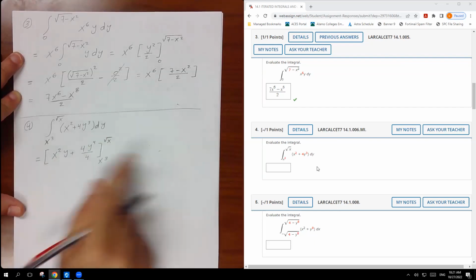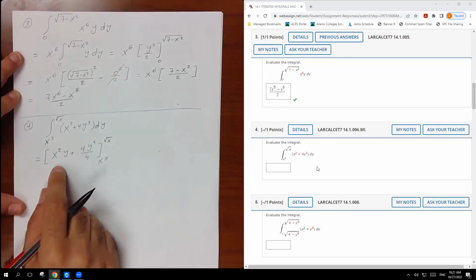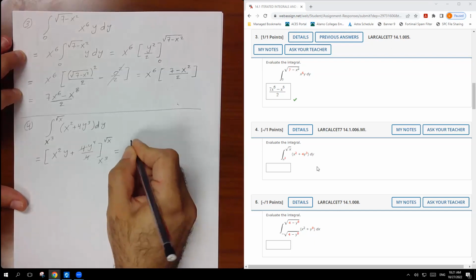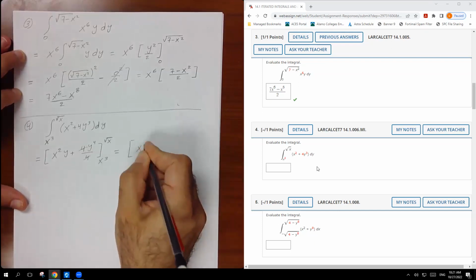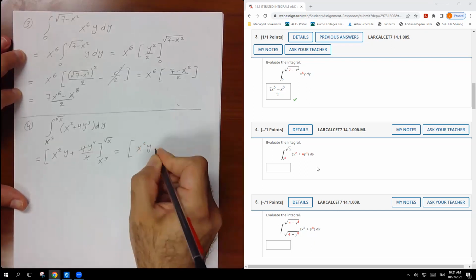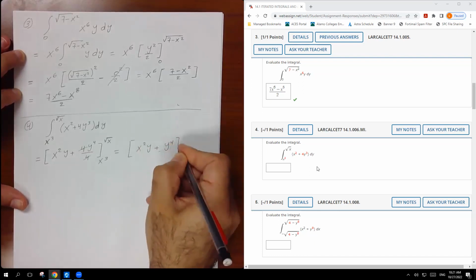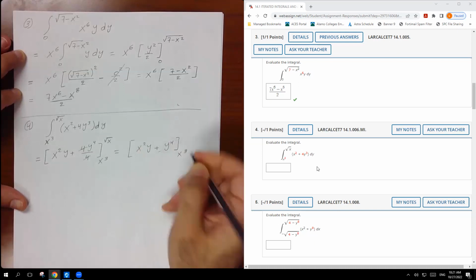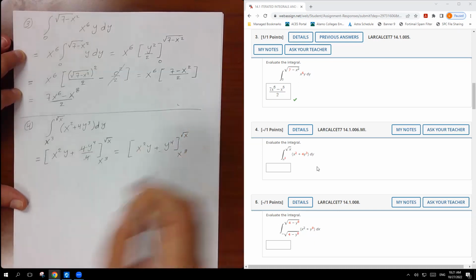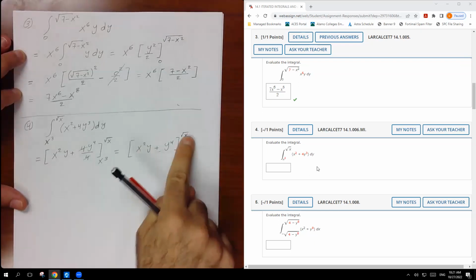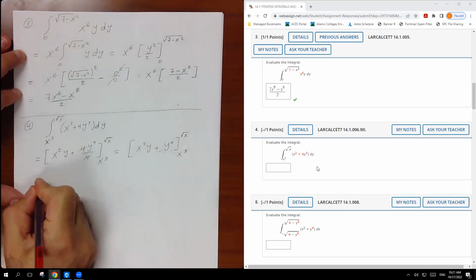Now we're just going to plug in. And this is the important step. Cancel the 4 with this 4. So it's going to be equal to x squared y plus y to the power 4, from x cubed to square root of x. Let's plug in the square root of x.